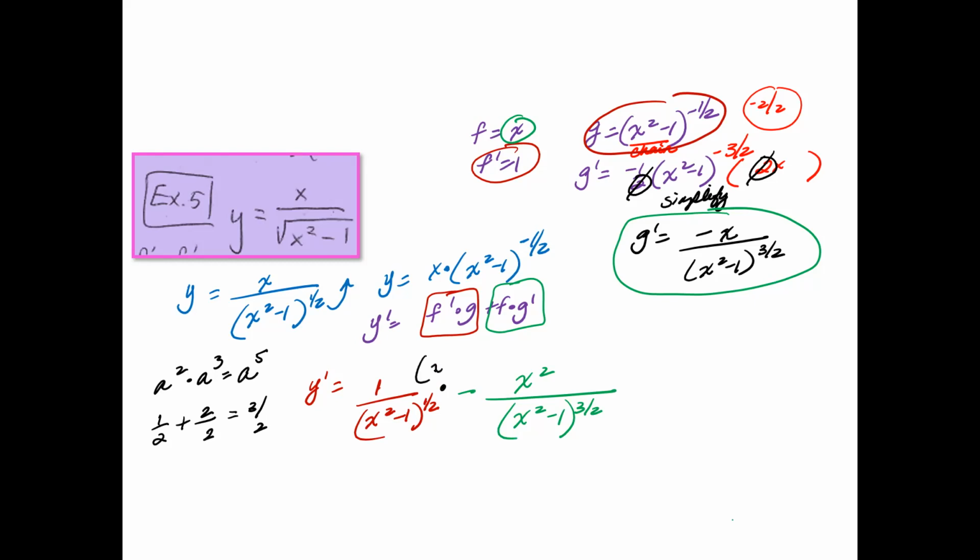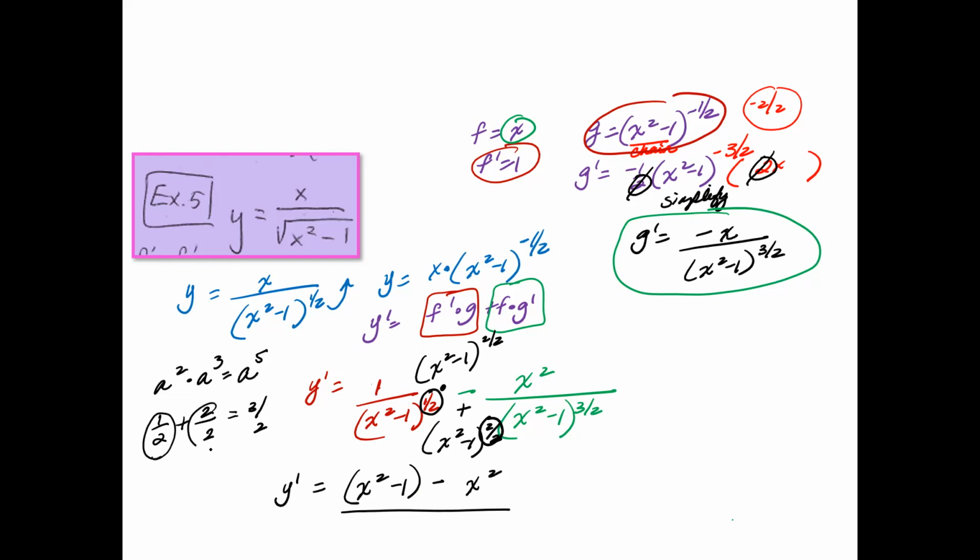So I'm going to multiply x squared minus 1 to the 2 over 2 on the top, x squared minus 1 to the 2 over 2 on the bottom. And then what ends up happening is x squared minus 1 to the 2 over 2 times 1 is just x squared minus 1 to the 1 power. Minus x squared, right there, over, now this 1/2 plus this 2 over 2, like I have here and here, equals 3 over 2.